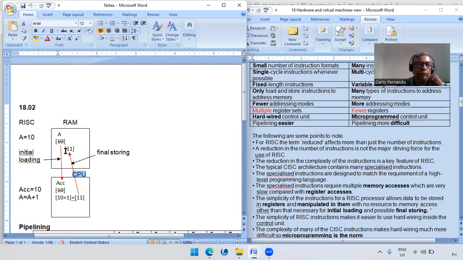And then final storing. Initial loading and possible final storing: only for these red lines I have put, the RAM is accessed. Otherwise, the manipulation is going on inside this register very fast. Then this 10 is replaced with this 11, the answer. Okay.